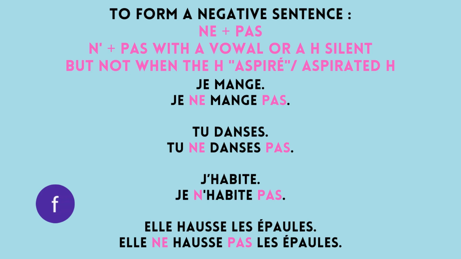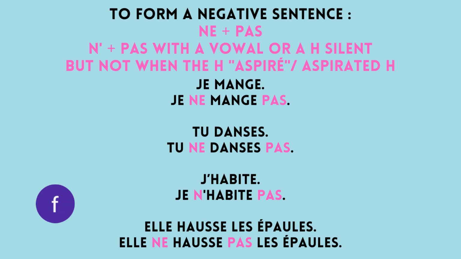The first one is je mange. Je mange. I eat. To transform this affirmative sentence into a negative one, we just have to add the ne and the pas and have the verb in between. It becomes je ne mange pas.